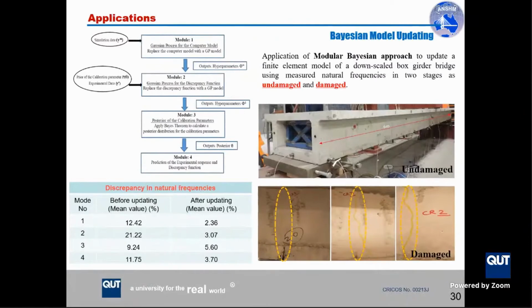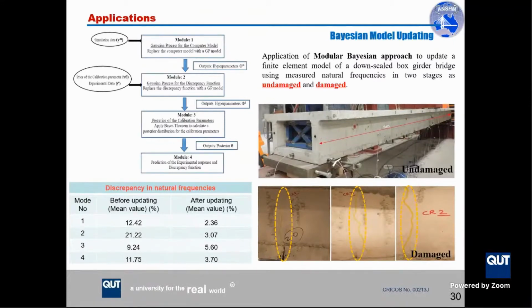Here we develop a probabilistic model updating approach using the modular Bayesian approach. One benefit of this approach is that it considers uncertainty thoroughly in the simulated model as well as in the measured data. Also, the method is found more computationally effective compared with the fully Bayesian approach, but at the same time can provide accurate results.